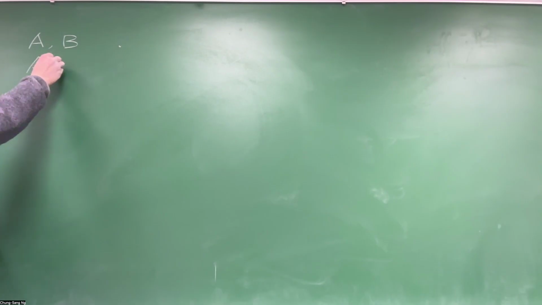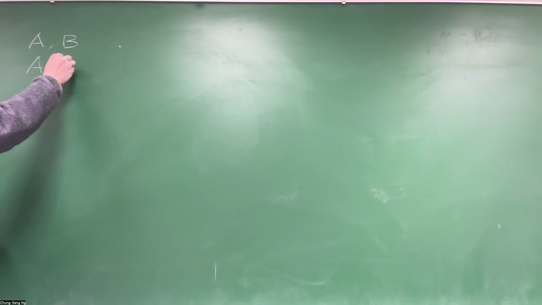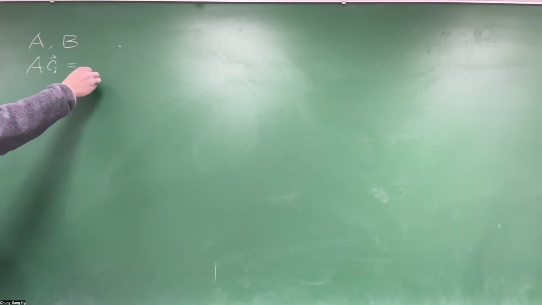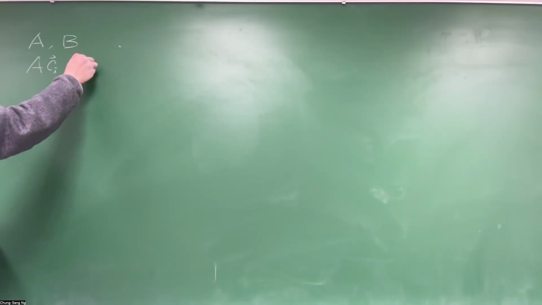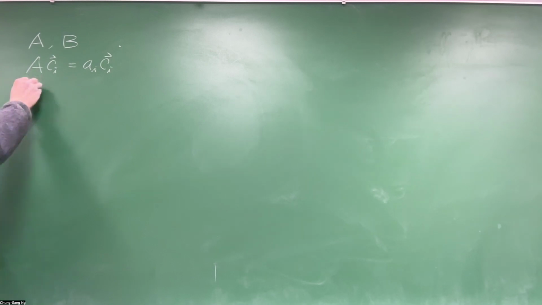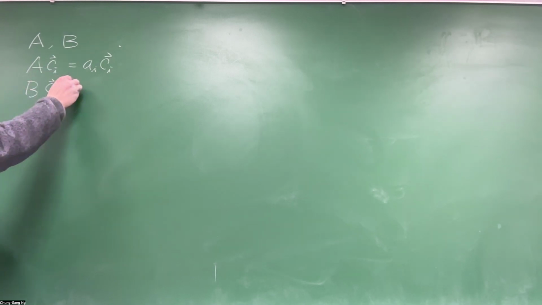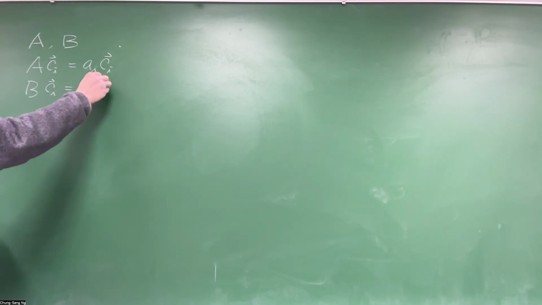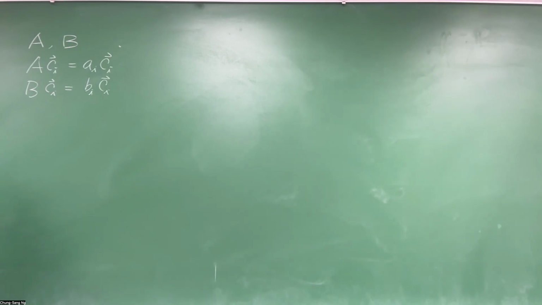So A times this eigenvector C sub I gives the eigenvalue A sub I times C sub I, and B times C sub I gives B sub I times C sub I. If they have the same set of eigenvectors, they may have different eigenvalues. So one is A sub I, the other B sub I.